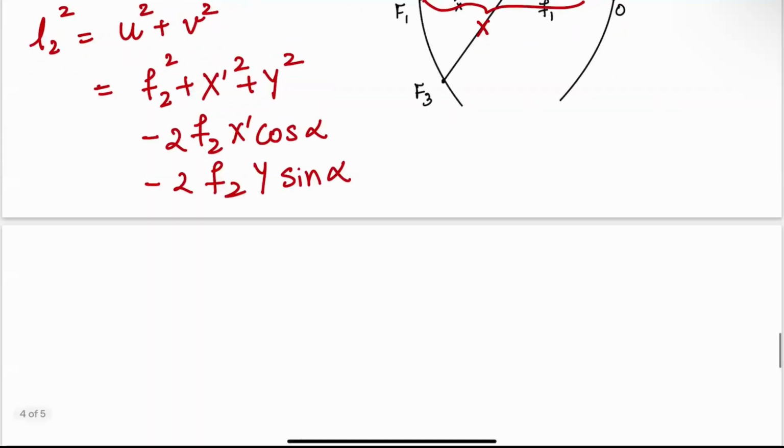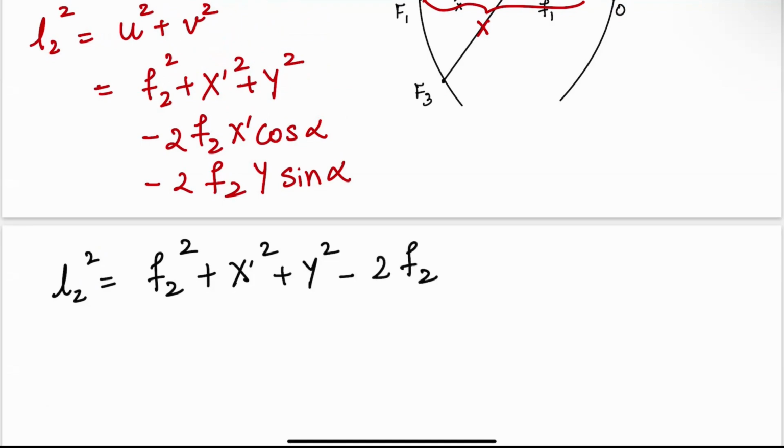This should be capital X and Y, sorry. So let's rewrite that. L2 square, maybe I'll use black ink. L2 square is equal to F2 square plus X prime square plus Y square minus 2 F2 X prime cosine alpha minus 2 F2 Y sine alpha.